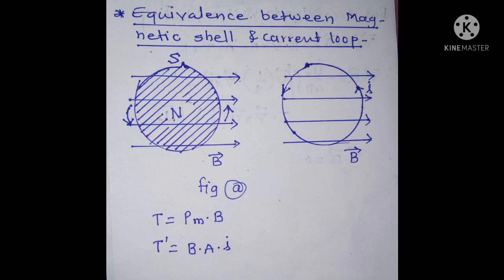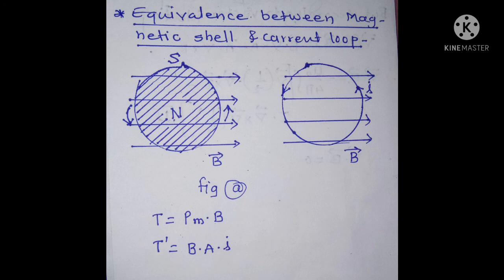In this figure A, there is a thin magnetic shell showing N and S pole pieces placed in a uniform magnetic field represented by vector B from left to right, and the cross sectional area of this shell is parallel to the direction of B, magnetic induction, and the torque acting on this shell is shown by the arrow on both sides of the shell.